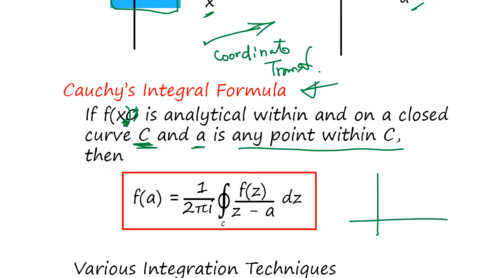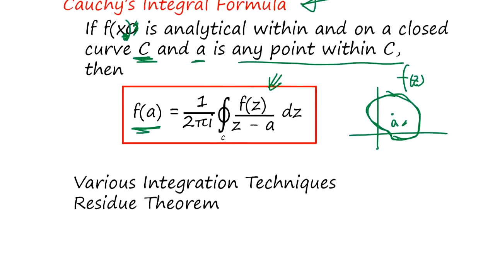So f(z) is analytic. You take any point A, and we take the integral along this boundary, around A. This integral becomes f(a). Okay, this is a very important integral formula.